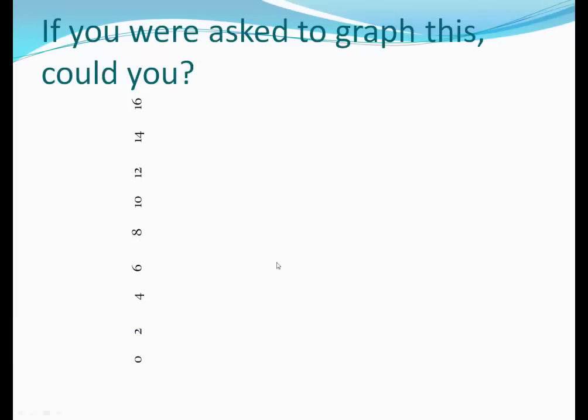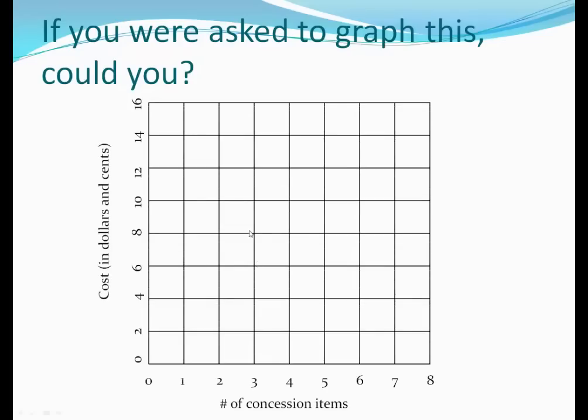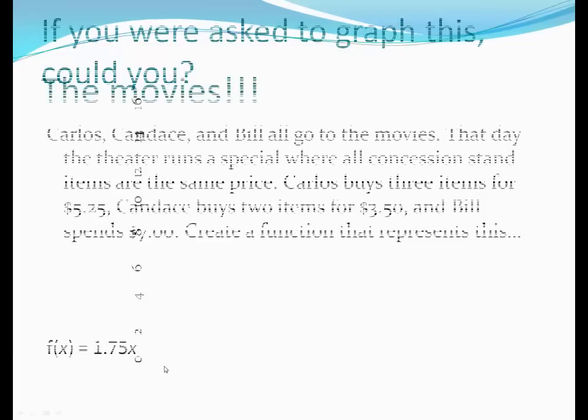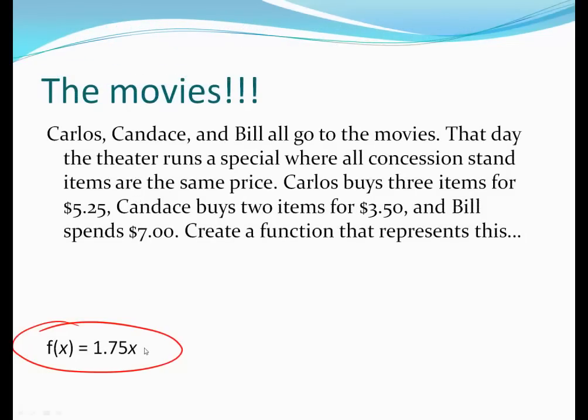Now, if you were asked to graph it, could you? So we've got our graph here: cost in dollars and cents, and the number of concession items. Where do you think this is going to cross the y-axis? Where is our line going to start? Remember, this had this invisible plus 0 here, and that b is your y-intercept.